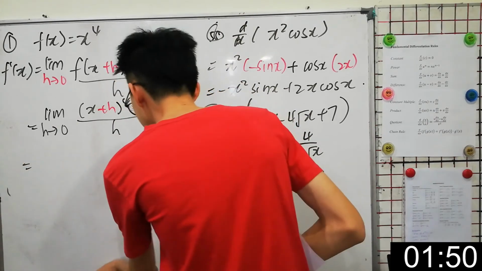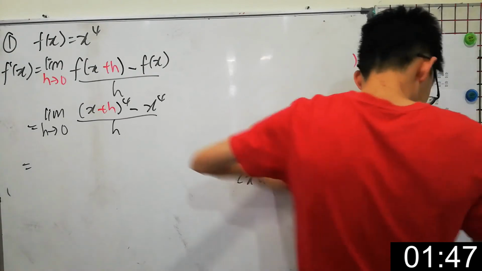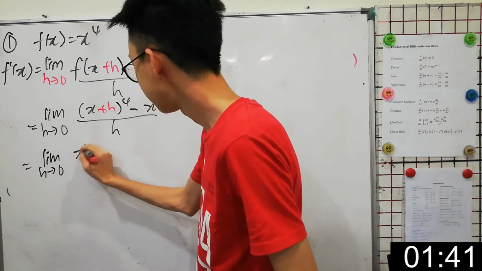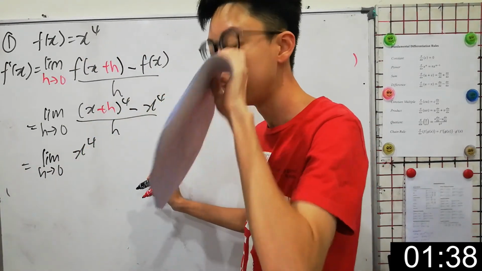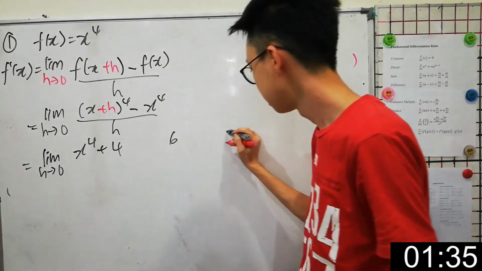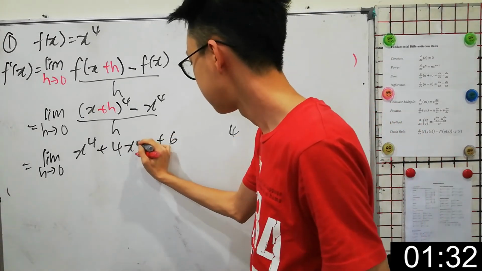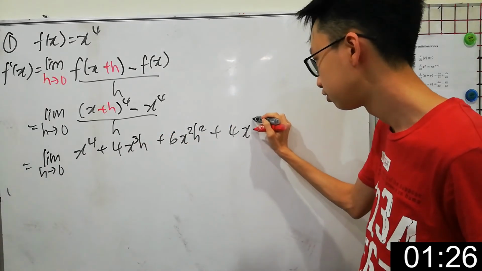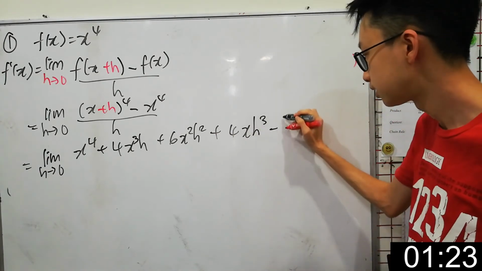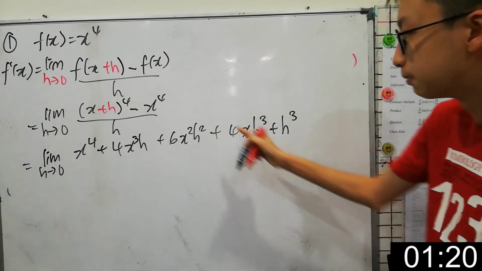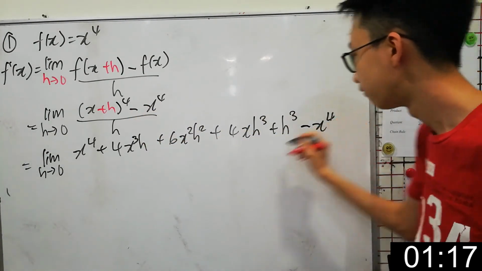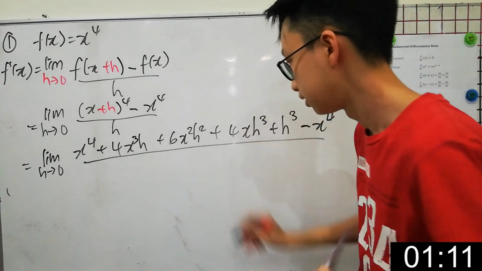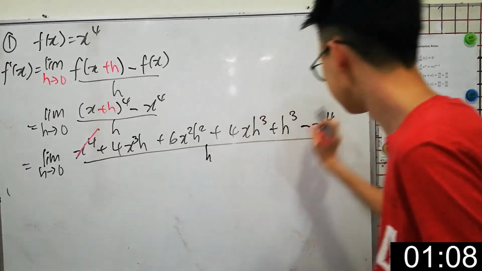The binomial expansion to the 4th power has coefficients 1, 4, 6, 4, 1. So the limit as h approaches 0 of x to the 4th power plus 4x cubed h plus 6x squared h squared plus 4x h cubed plus h to the 4th, then don't forget the minus x to the 4th power, over h. Then this and this can cancel.